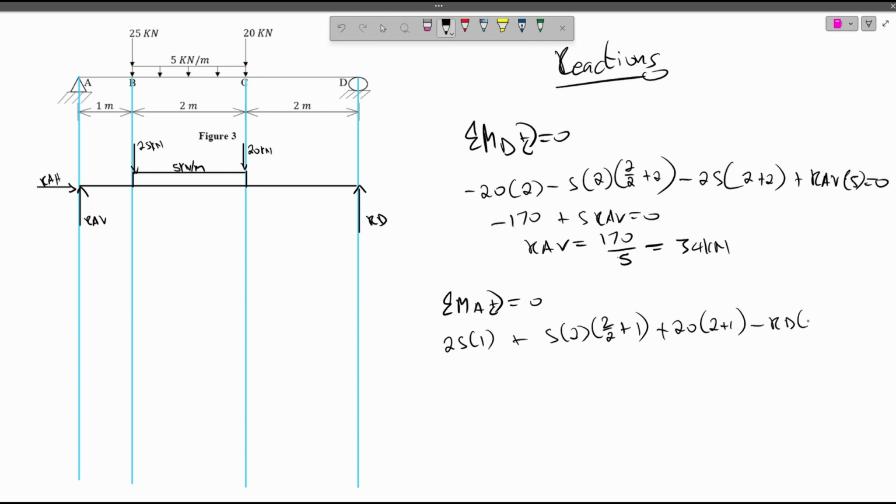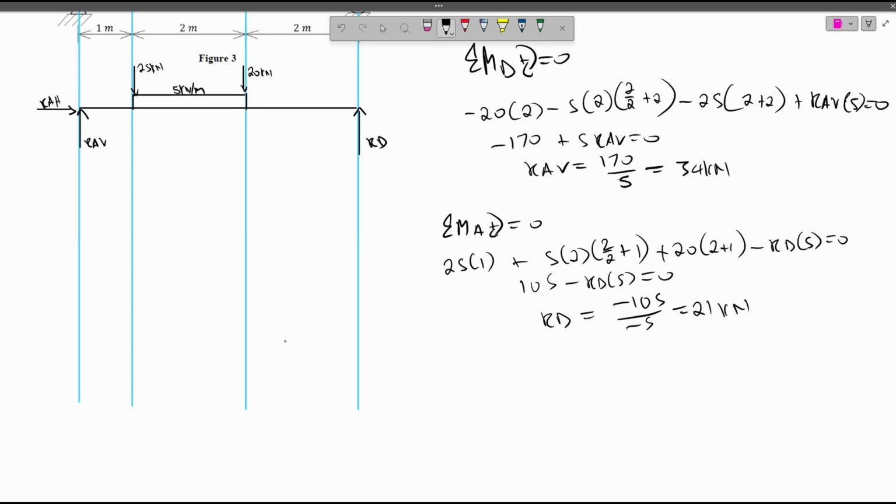Minus RD times 5. Our RD is going up, so it's going anti-clockwise towards A. We have 25 times 1 plus 5 times 2 times 2 plus 20 times 3, which is 105, minus RD times 5 is equal to 0. Then our RD is equal to minus 105 divided by minus 5, which is 21 kilonewton.